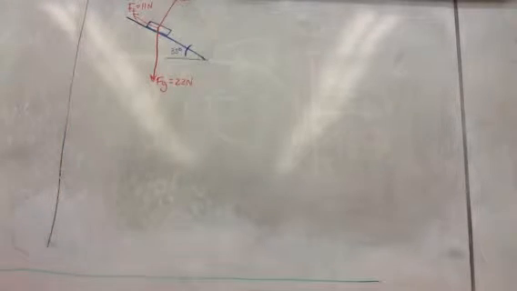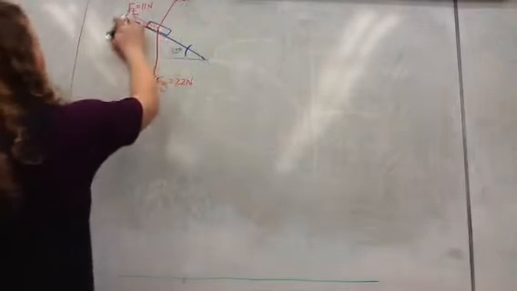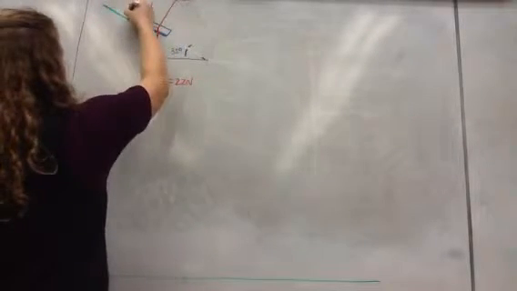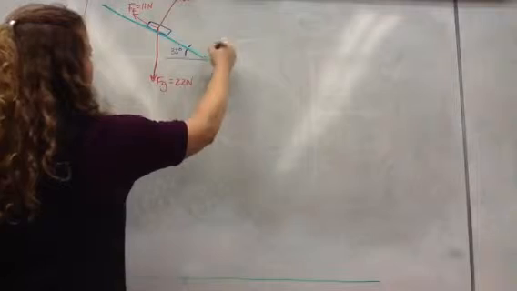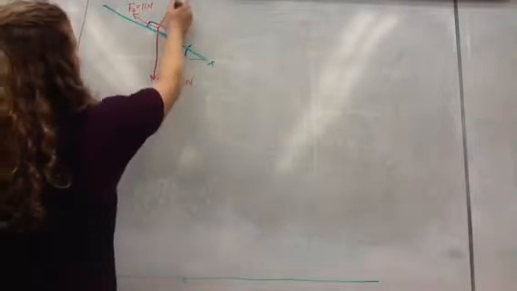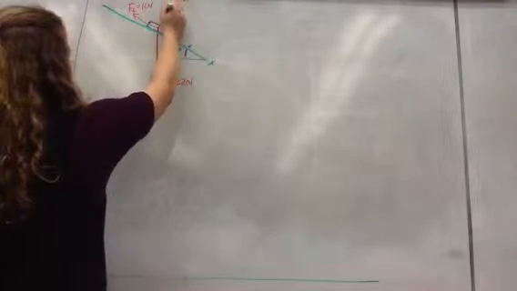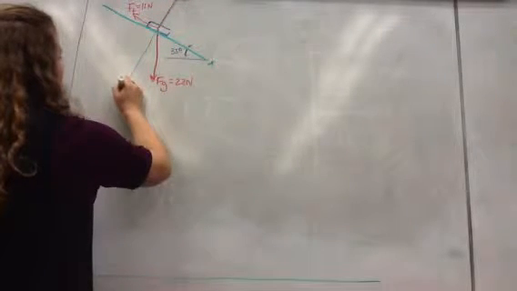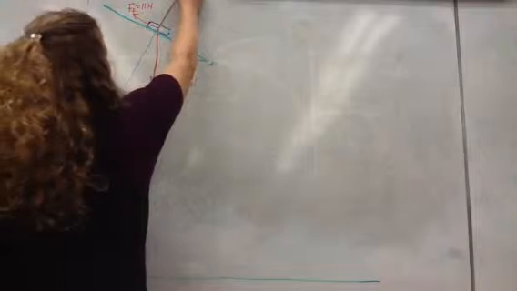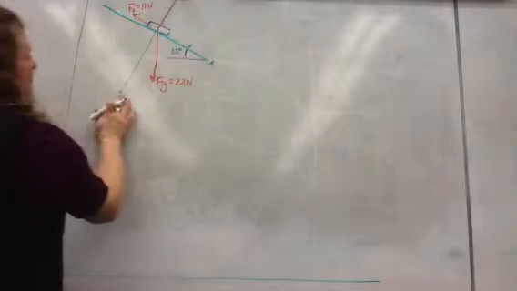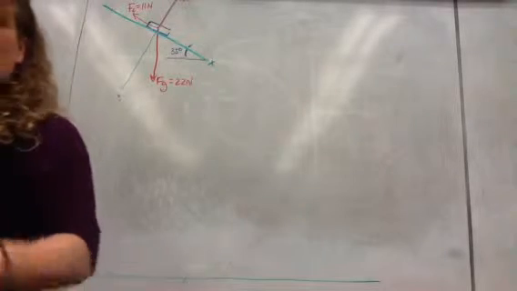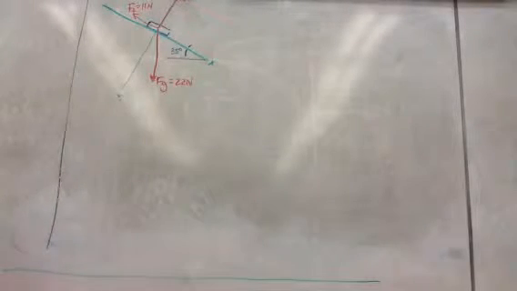The easiest thing to do, and this is the approach your book takes, is to say, okay, our x-axis is now the table surface, which makes our y-axis parallel to the normal force. Okay? It's a little bit mind-boggling initially, but trust me, it is the easiest thing to do.